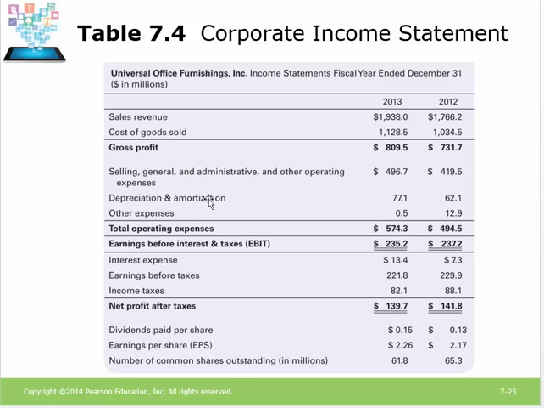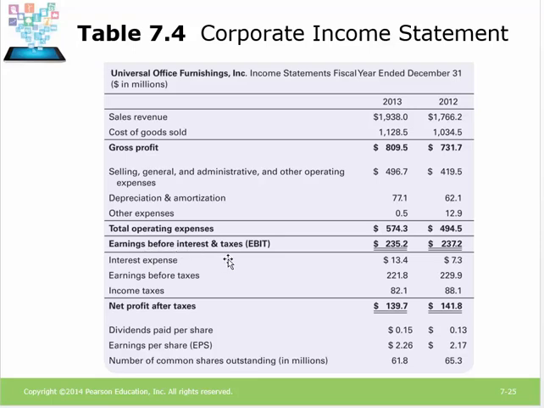Selling administrative expenses, right? So the total expenses of running this company is $574 million plus the $1.1 billion up here. So their total expenses is essentially almost $1.7 billion.